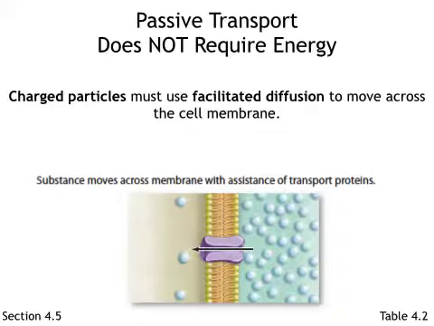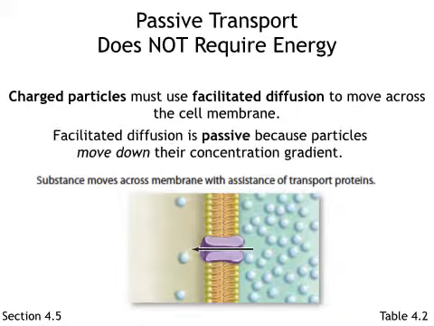They're very exclusive. So these particles must use facilitated diffusion to move across the cell membrane. So facilitated diffusion is just a transport channel, that purple channel there, that will allow these charged particles to move through the plasma membrane or the cell membrane.